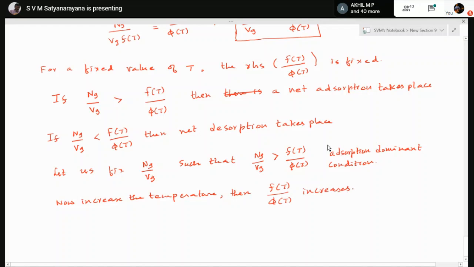At some temperature, let's say T equal to some T star, we have the situation that Ng by Vg is equal to f of T star by phi.